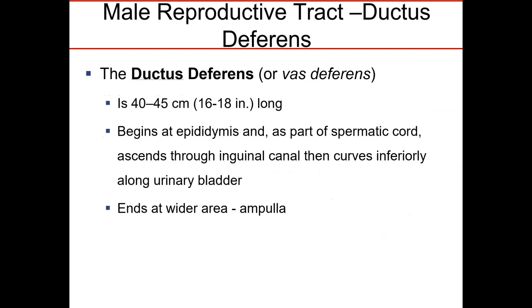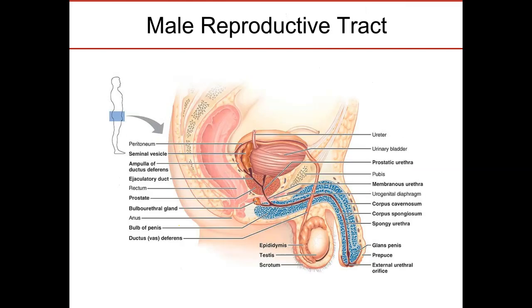Once they leave the epididymis, they're going to go through, you can call these tubes the ductus deferens or vas deferens, either one is fine. Again, long tubes, and they just start at the epididymis, and they're going to go all the way up through that spermatic cord into the groin, the inguinal canal. They're going to come up behind the bladder, and then they're going to end at this area called the ampulla.